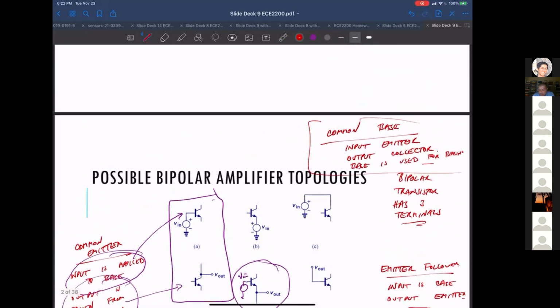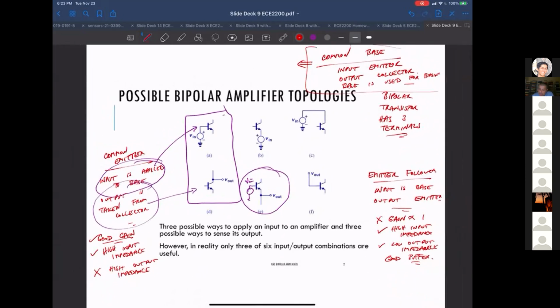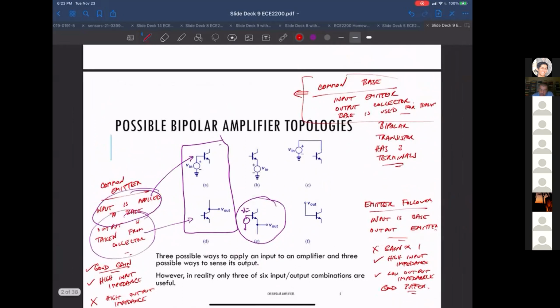I don't know if we're going to get to talk about this much, but it's used in circuit configurations so that you can increase your gain. It's kind of complicated, so I won't go into it much. But these are the three main ones, I believe: common emitter, emitter follower, and common base.